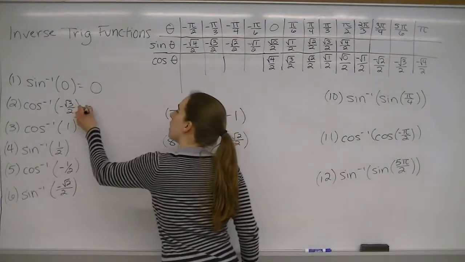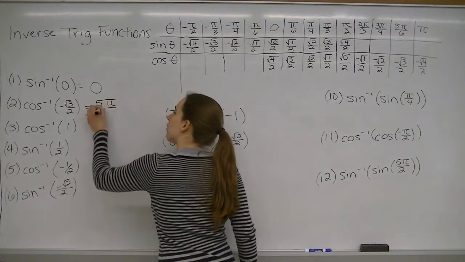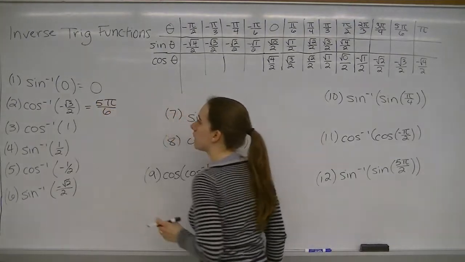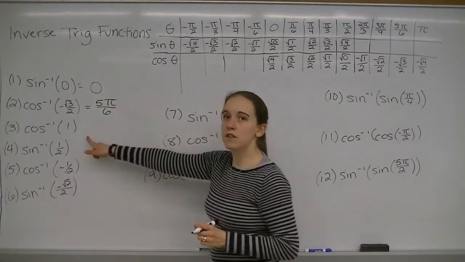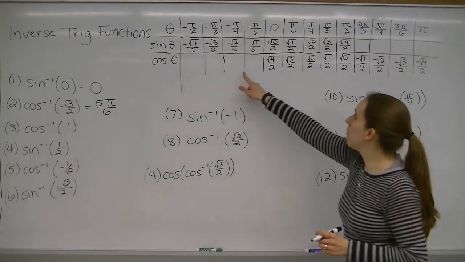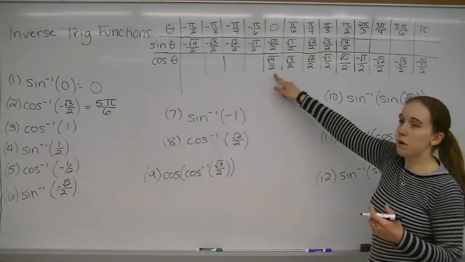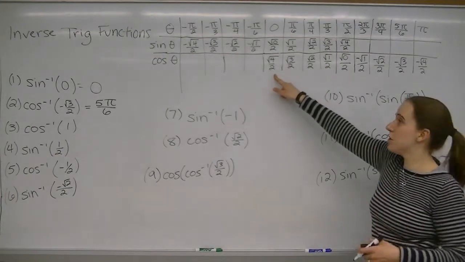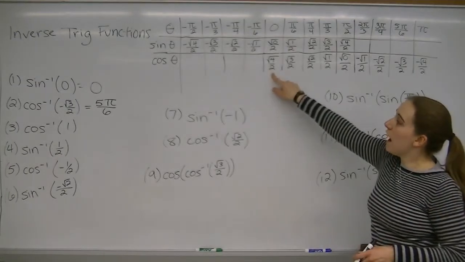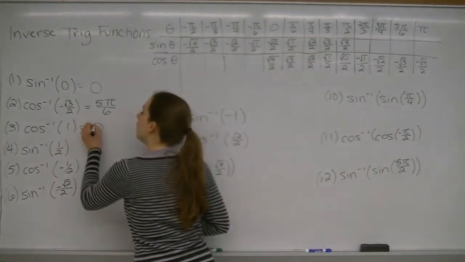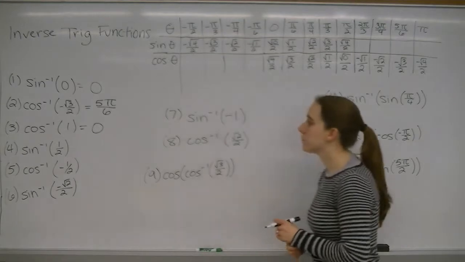So I've evaluated it to be 5 pi over 6. Okay. Cosine inverse of 1. Same deal. I'm going to find 1 in my cosine row. Square root of 4 is 2, so 2 over 2 is 1. So that happens at the angle 0. So that's my output for cosine inverse of 1.